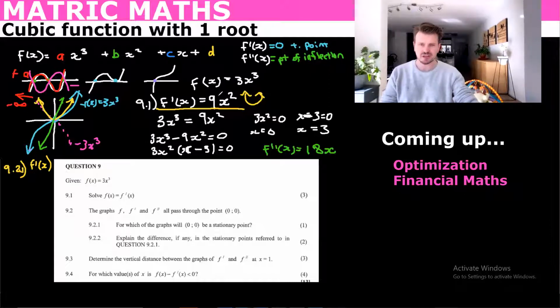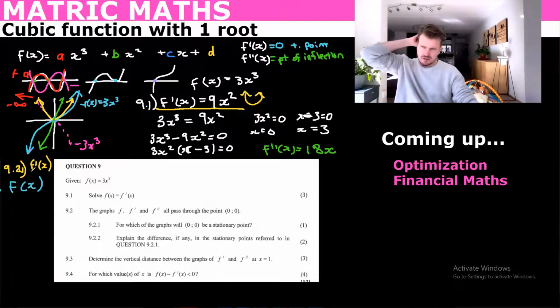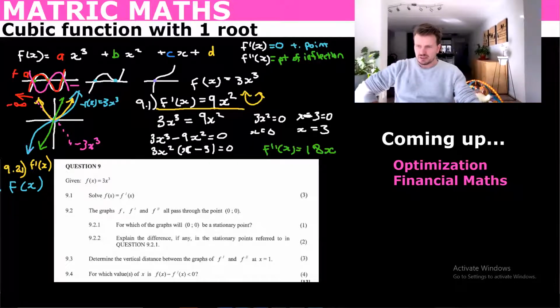So we have a stationary point for the blue graph, the f of x. I'm going to put that in blue so that we can follow what's going on. So f of x has a stationary point where the slope changes.